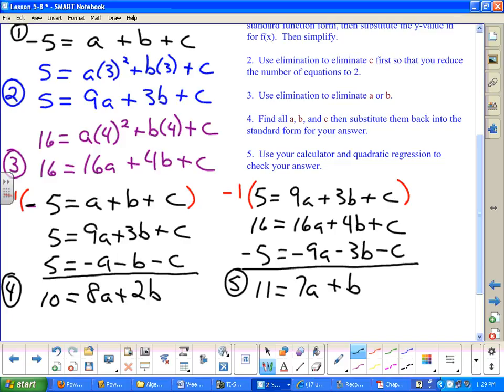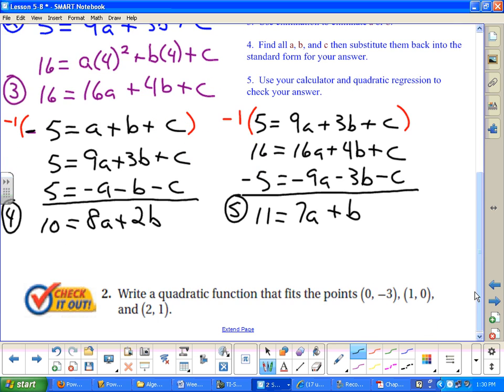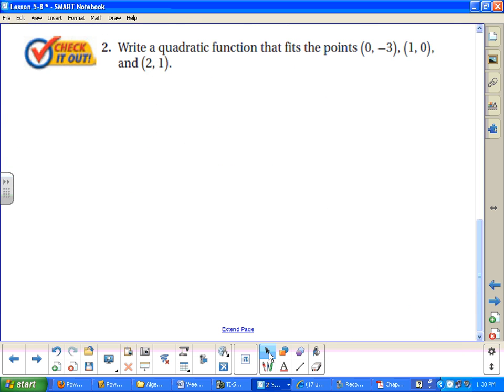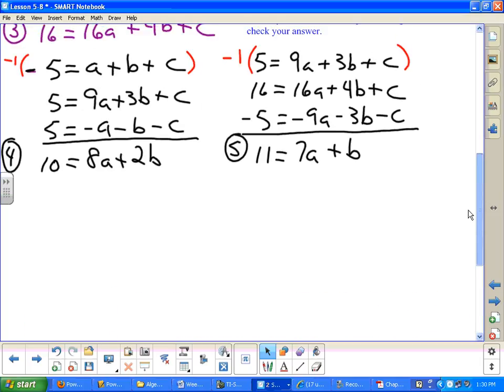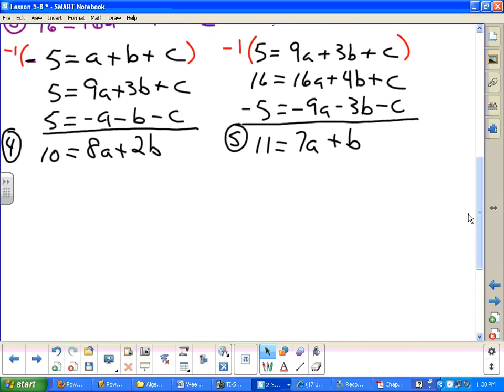And that's all we're doing, that method of elimination and substitution. We're just starting out with three equations. Get rid of the easiest variable, which is c in each case, because there's only one c always. Now we can get it down to two equations, so that we can simplify them.